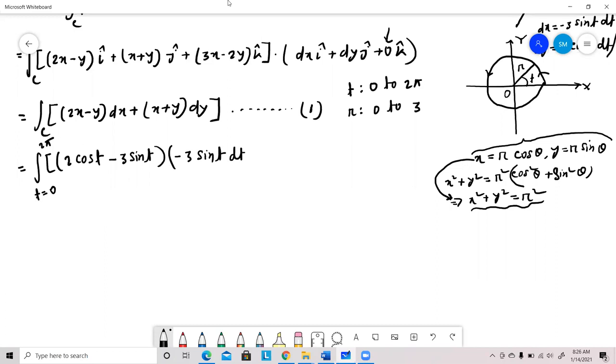Here x equal to 3 cos t, so 2 into 3 will be here, 2 into 3.